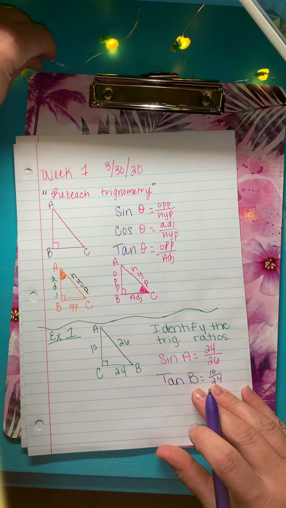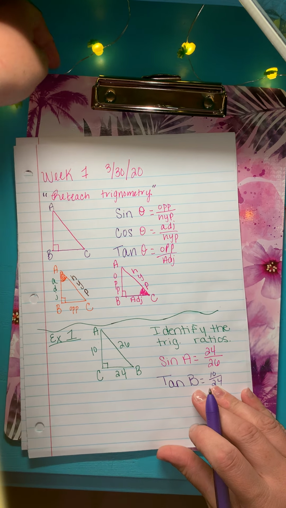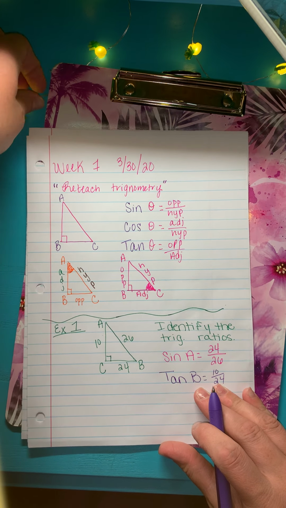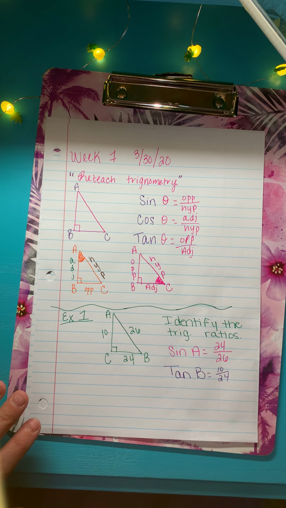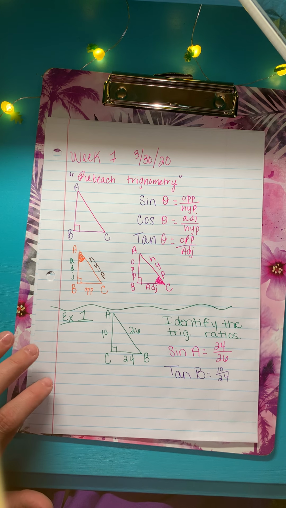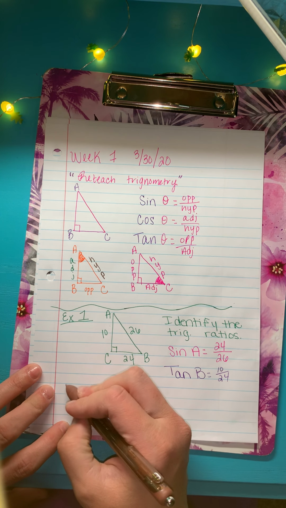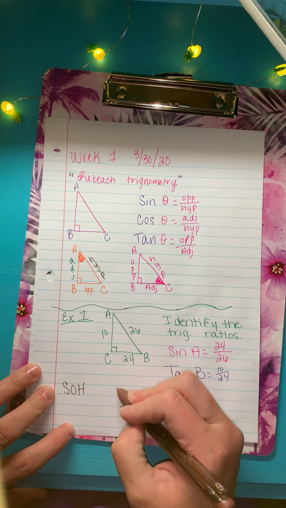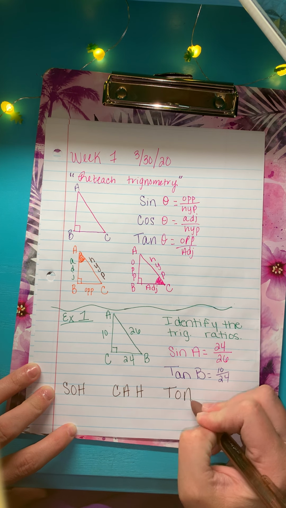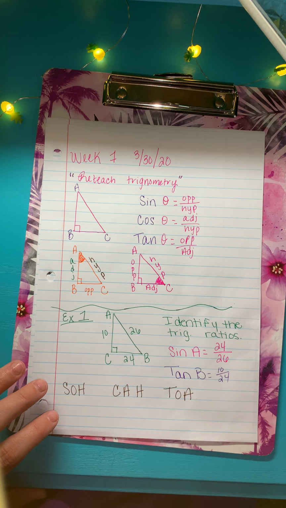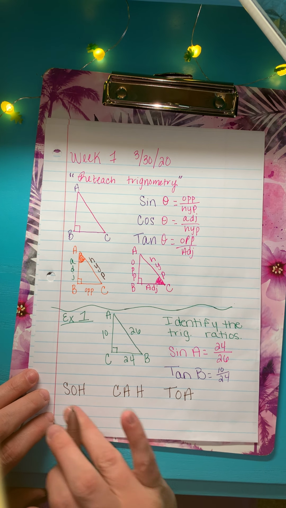So sometimes you have a hard time remembering these trig function ratios, which one goes with what. How do I remember what side goes with where? So a good acronym we talked about before in class was SOHCAHTOA. And I told you a little story about the Indian warrior that was named SOHCAHTOA.